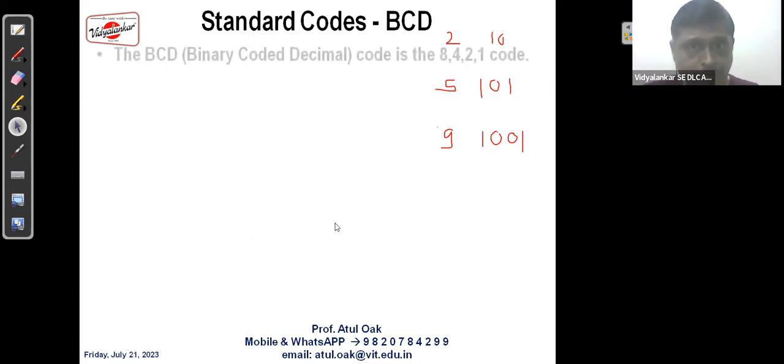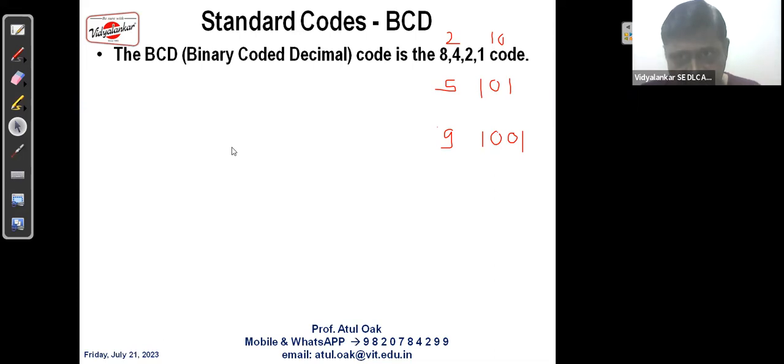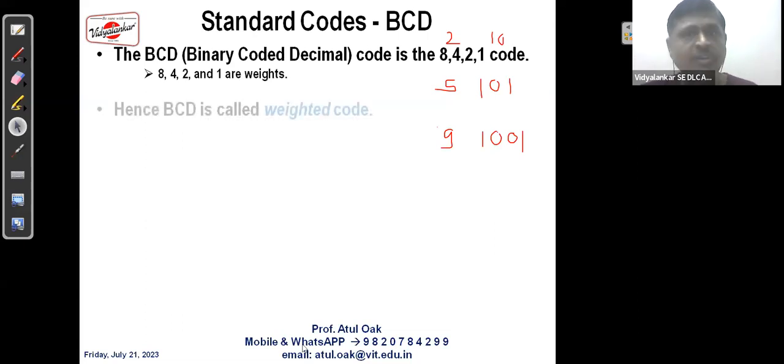Here we go. BCD is called a weighted code. Observe the word. What it means is that in BCD we represent every digit using 4 bits.